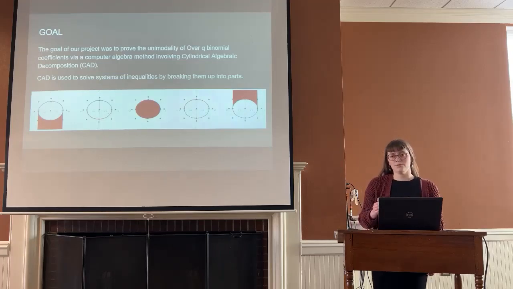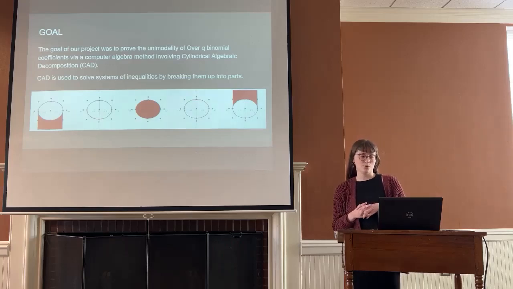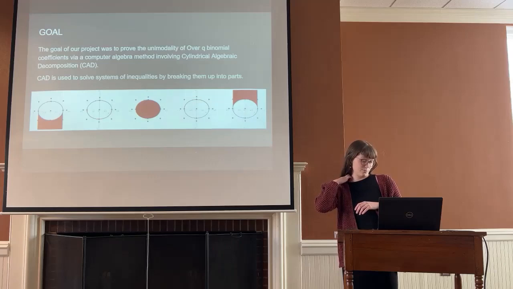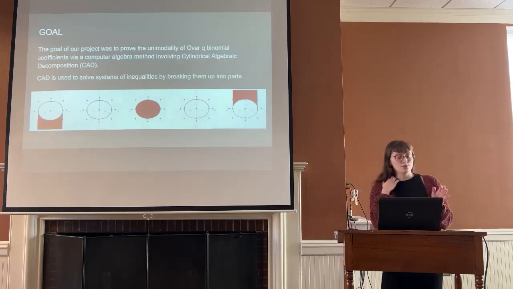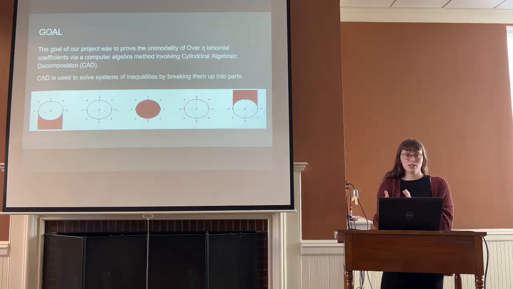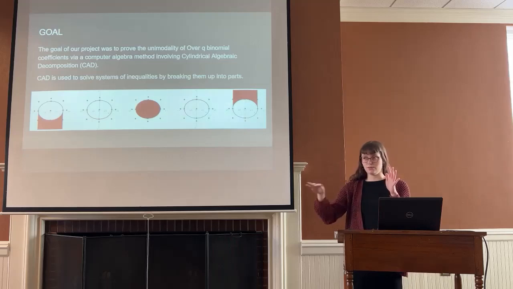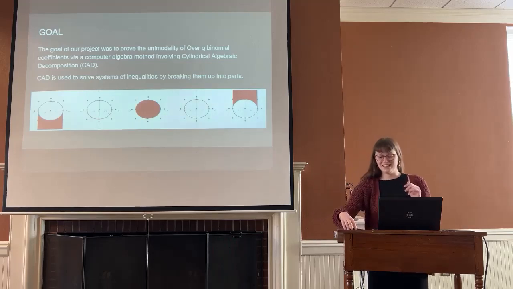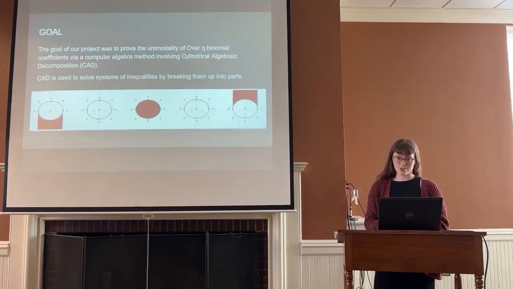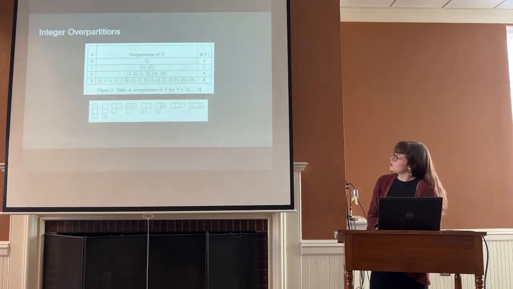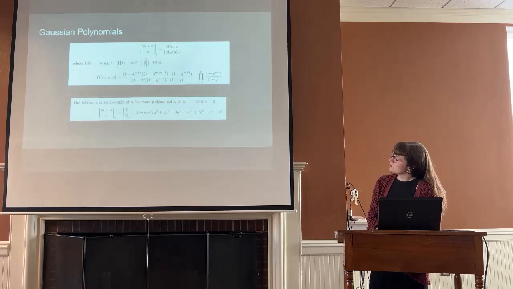What they did for Dr. Wong's proof of the unimodality of Gaussian polynomials was they were able to break up the sequence of numbers, the coefficients that enumerate the overpartitions. So for example, we have this polynomial right here.